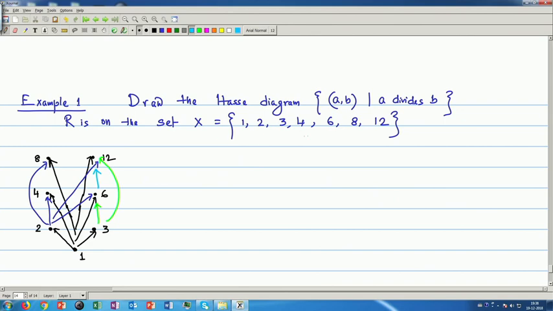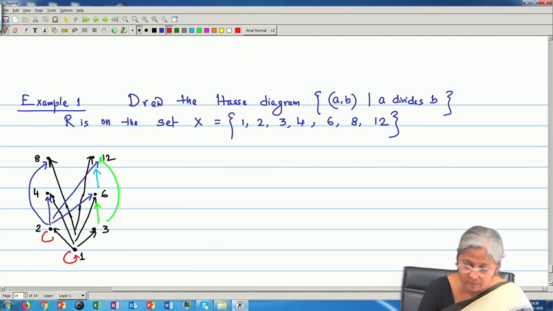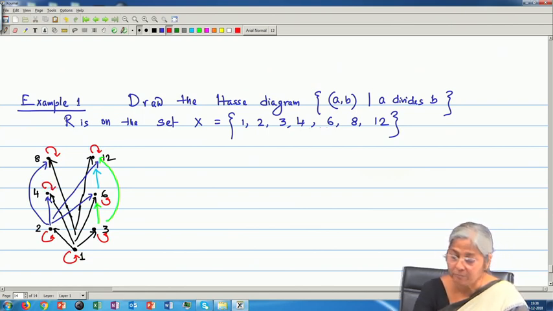Since A divides A, I have loops on every node or vertex. I have loops on every node. 4 I have not given, 4 is 8.